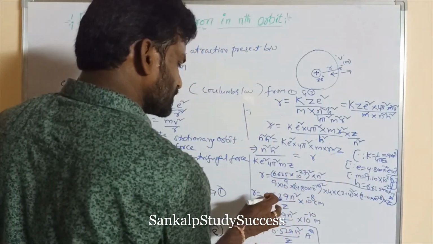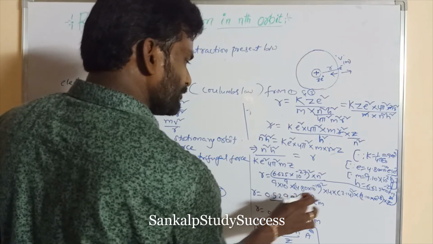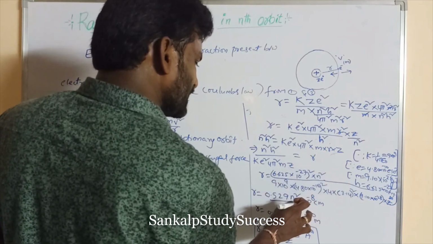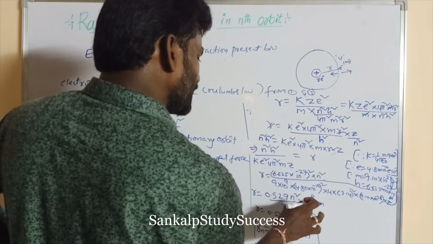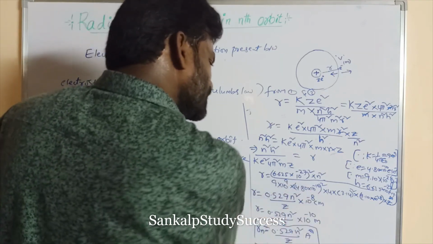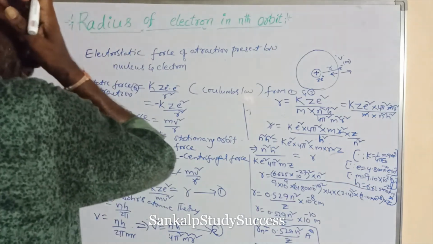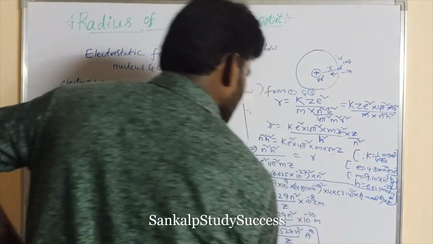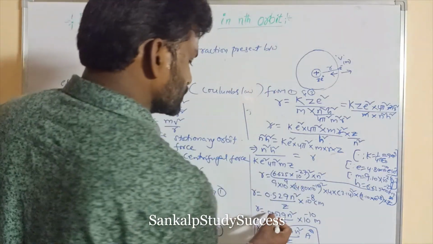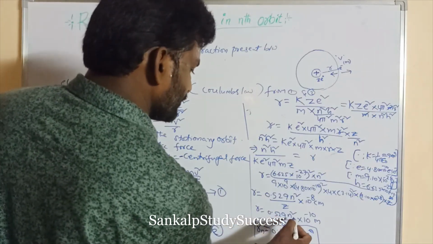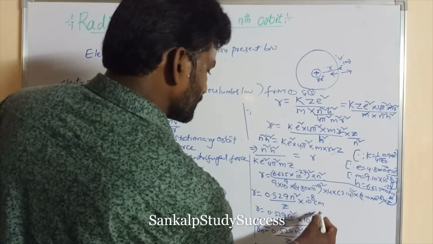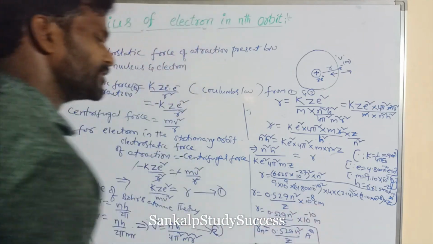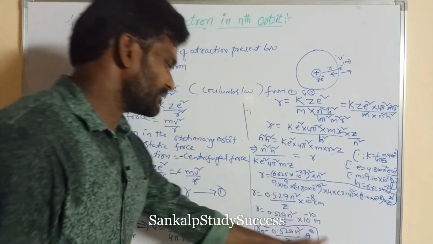Finally we got 0.529 n square by Z into 10 to the power of minus 8. All the units are cancelled, remaining units are centimeters, right? r is equal to 0.529 n square by Z. One centimeter is equal to 10 to the power of minus 2 meter, so 10 to the power minus 8 into 10 to the power minus 2 is 10 to the power of minus 10 meter.